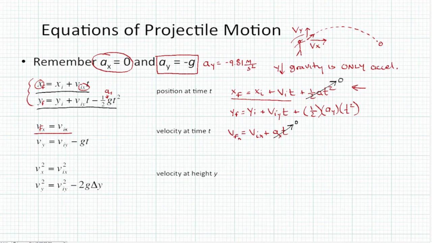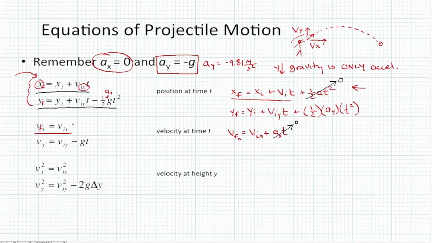Whenever there's no subscript, you can assume that means the final velocity or final acceleration or final position. Just like up here, I had to put that xf in there because there was no subscript, but that simply means the final at that point in time. This means the final at that point in time as well. So that's where we get this equation from.